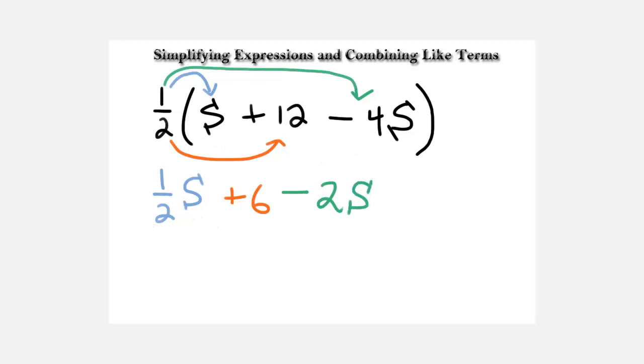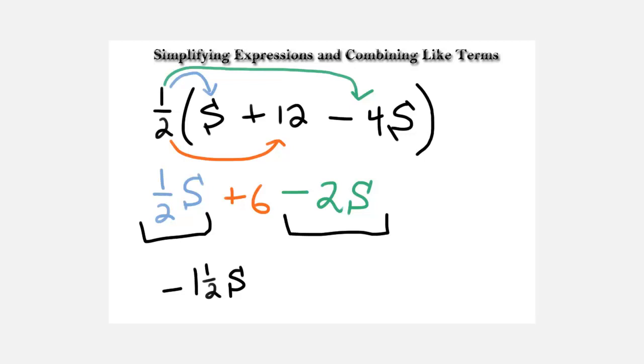Okay, so let's see what we have here. We have a half s and a negative 2s. So that will result in a negative 1 1/2 s. Right? You take the sign of the bigger number, so this one's 2, you take away a half, so you're left with negative 1 1/2, or negative 3 over 2 s.